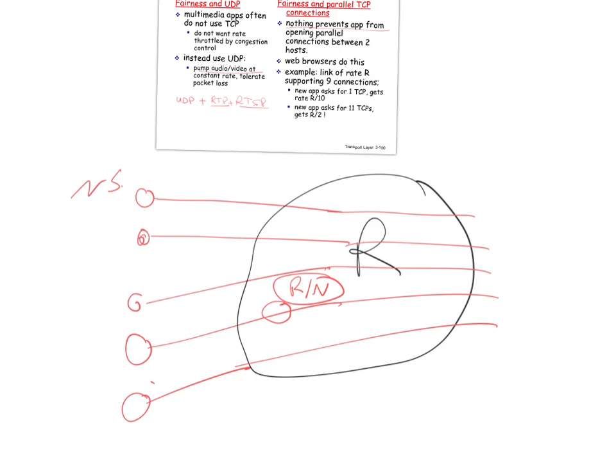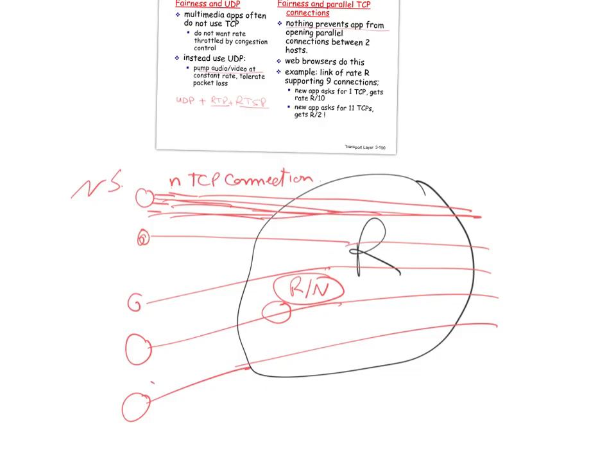Now, a very smart application will try to open another n TCP connections. So one application has small n different TCP connections.